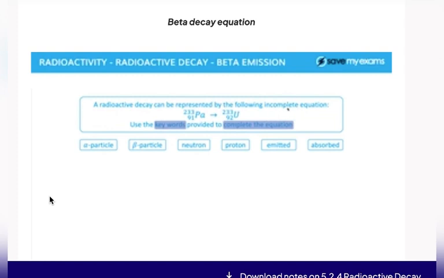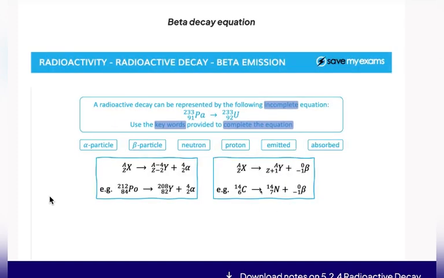So it's a radioactive decay, and what's important here is that it's incomplete. There is something missing from this decay. Now, the two types of radioactive decay that we can deal with simply are alpha decay and beta decay. And as a reminder from your theory, that's what these two types of decays look like.